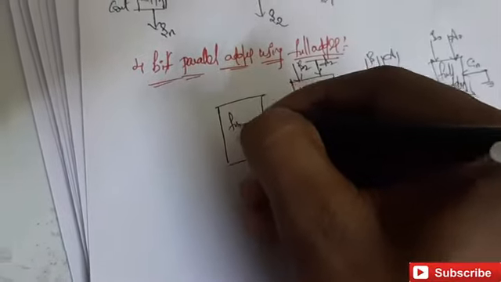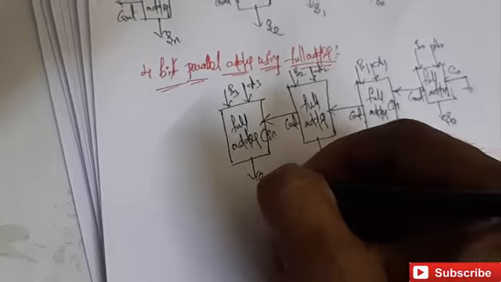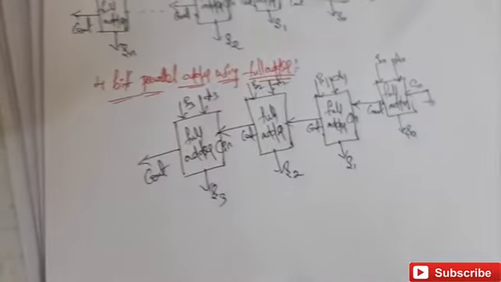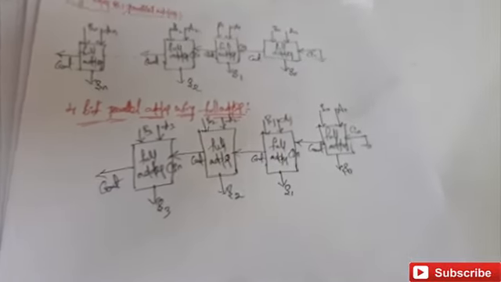This will go into the full adder. Here this will be the A3, this will be the B3, this will be the S3, and hence this will be the C output. This will be the 4-bit parallel adder.